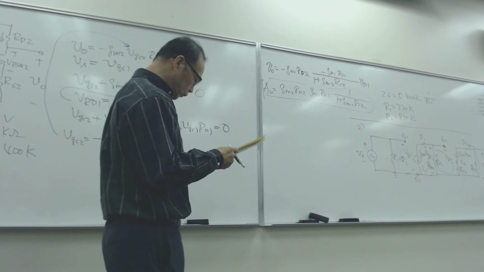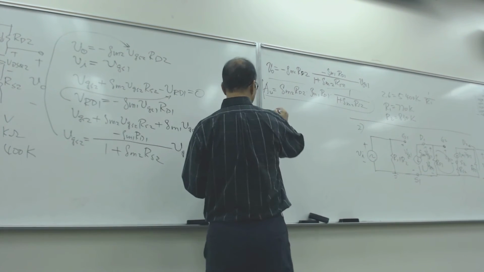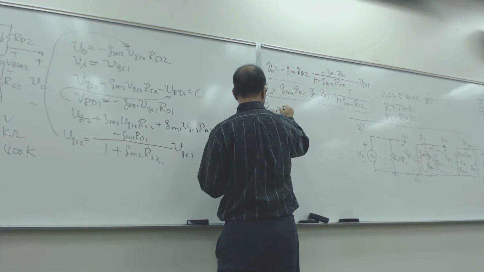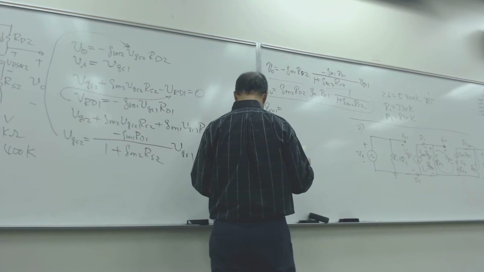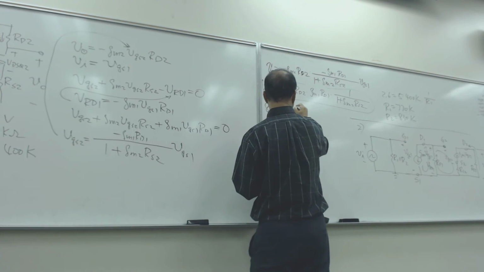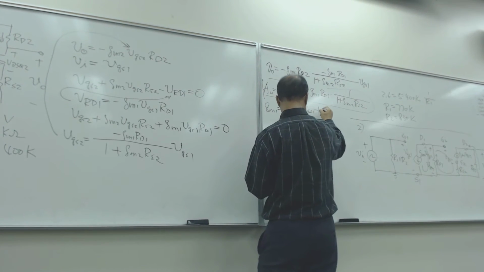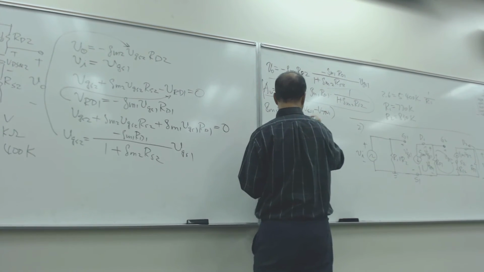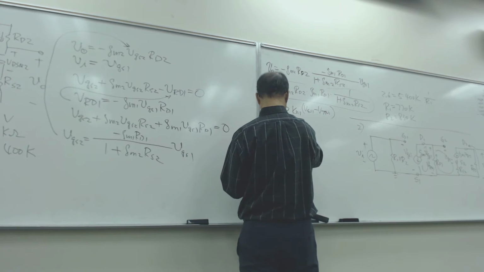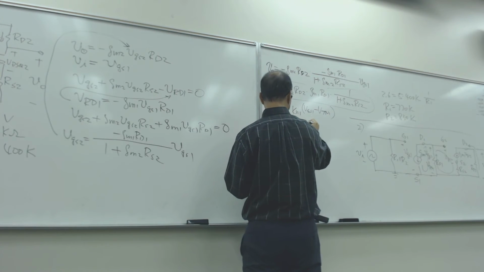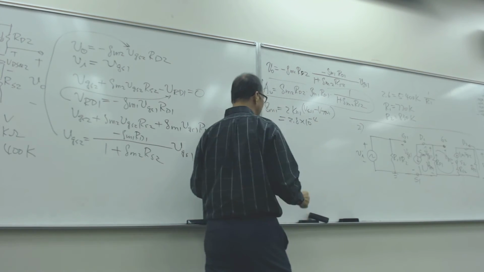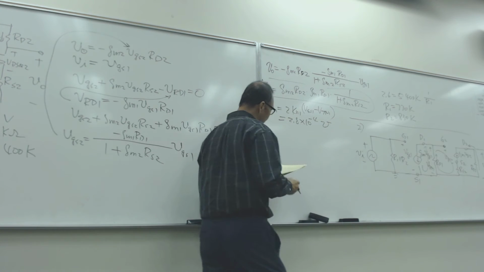Okay, now of course you have to plug in the numbers, right? First of all, you need to calculate GM1 and GM2, right? So GM1 equal to 2K(VGS1 minus VTH1), right? So that's about equal to 2.8 times 10 to the minus 4 siemens, okay?